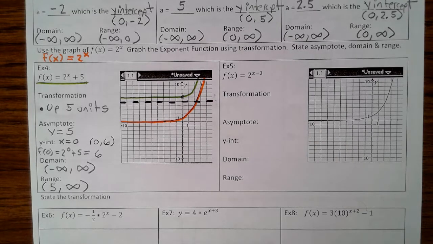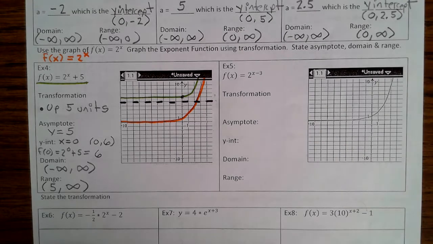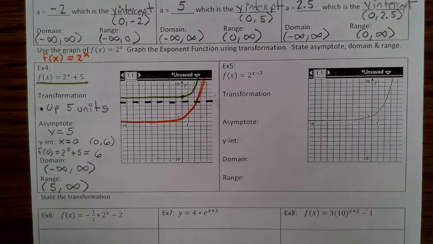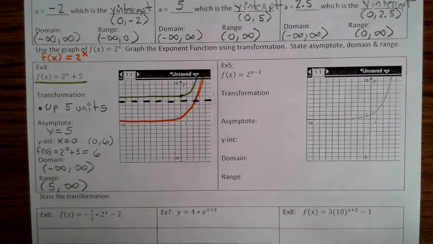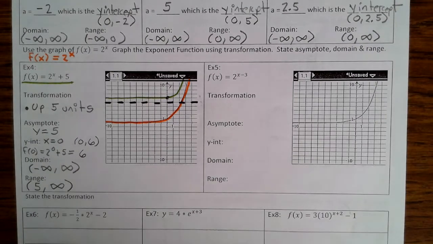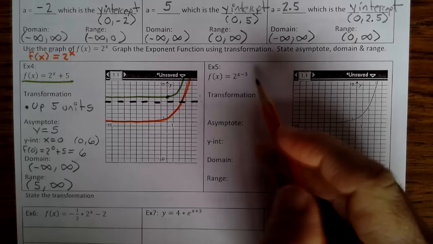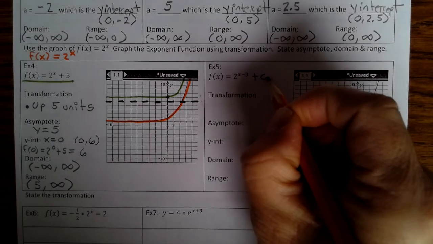All right, let's take a look at example 5. First things first, we need to find the y-intercept, which we know is, in this case, let's go ahead and add the plus 0.